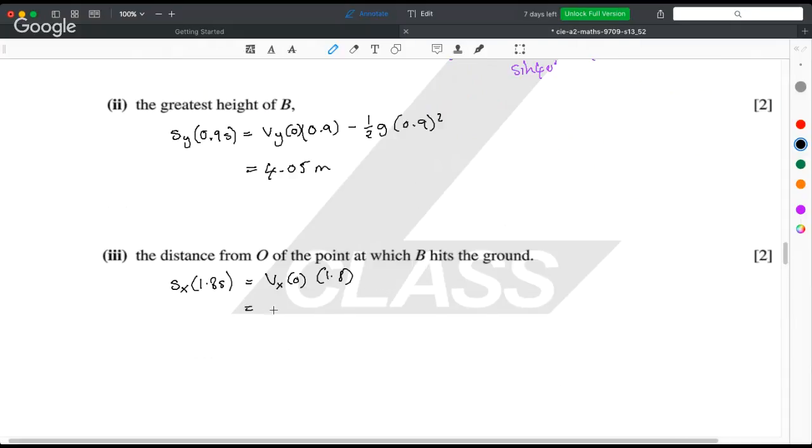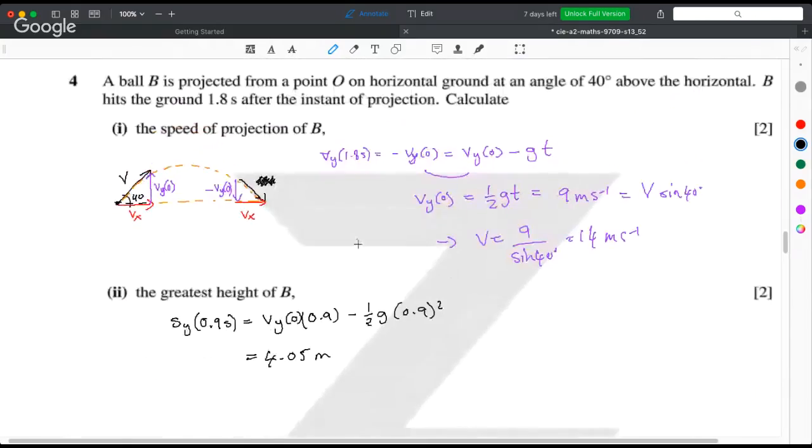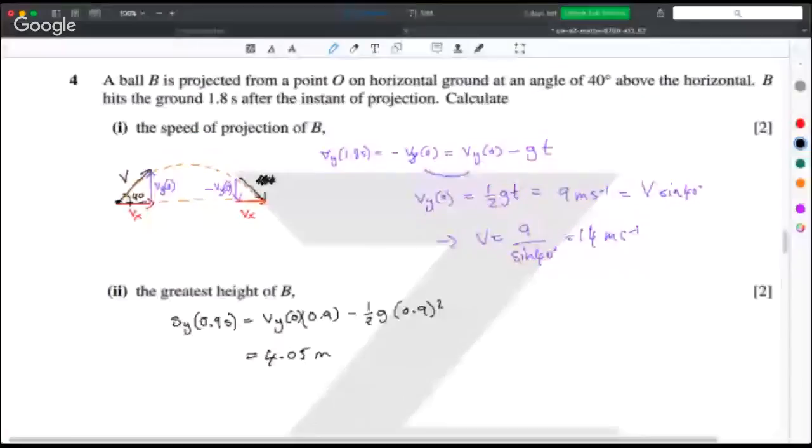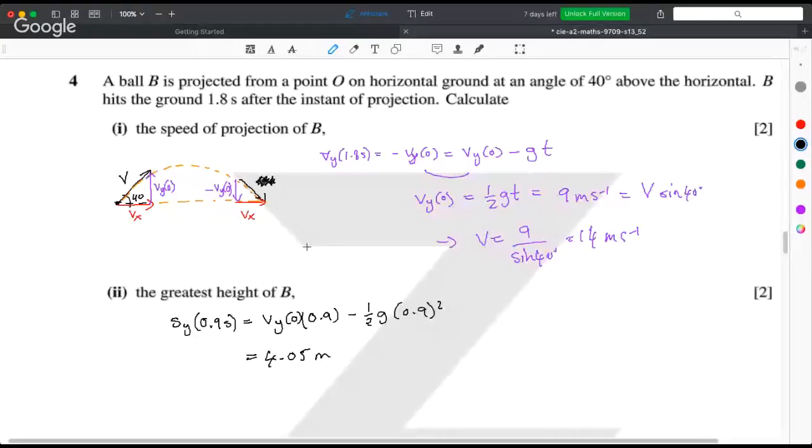So this is going to be V cosine of 40 degrees times 1.8, which is 19.3. So there's really nothing to these ones. Just have to remember the constant acceleration equations. And if you've got a nice parabolic arc in your question, everything becomes really easy because the whole thing is symmetric.